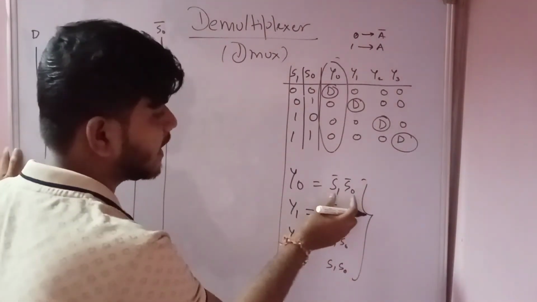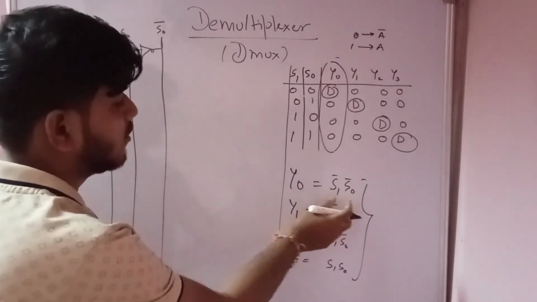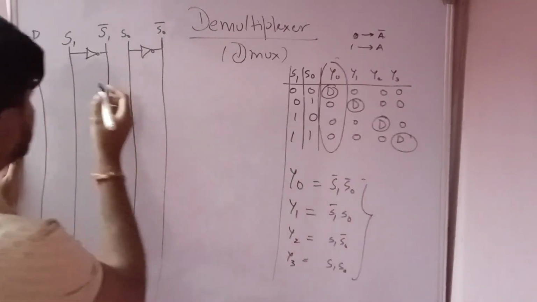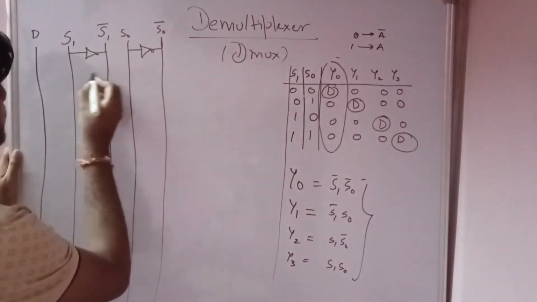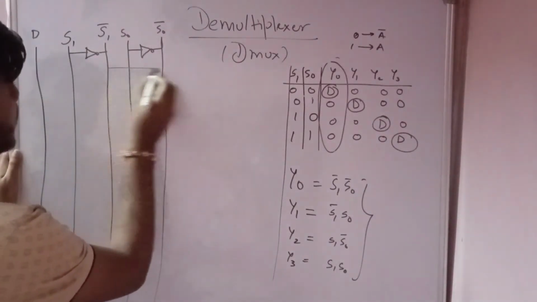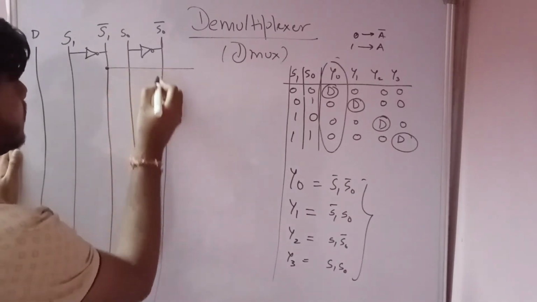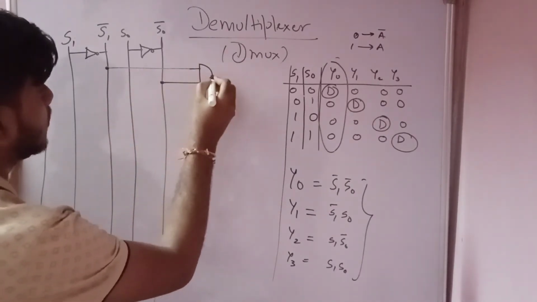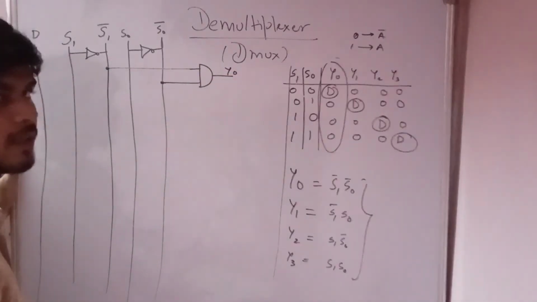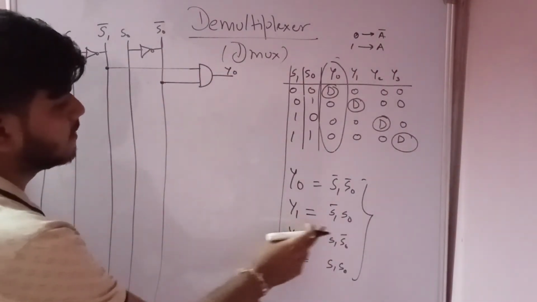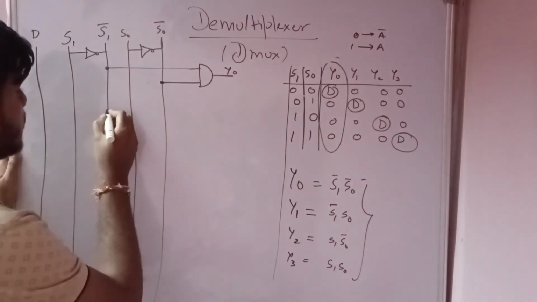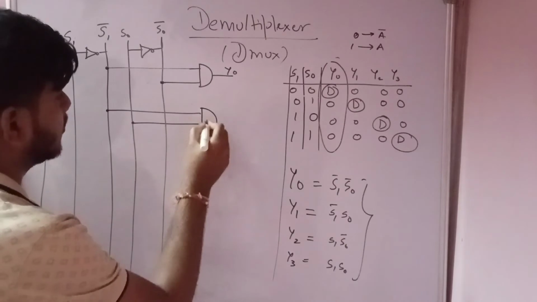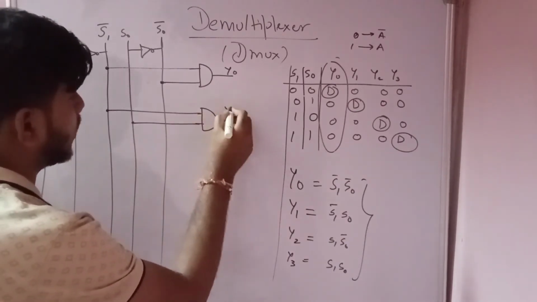Now these are basically AND gates, right? When we have S1 bar and S0 bar, we get our Y0. Next, when we have S1 bar and S0, you get your Y1.